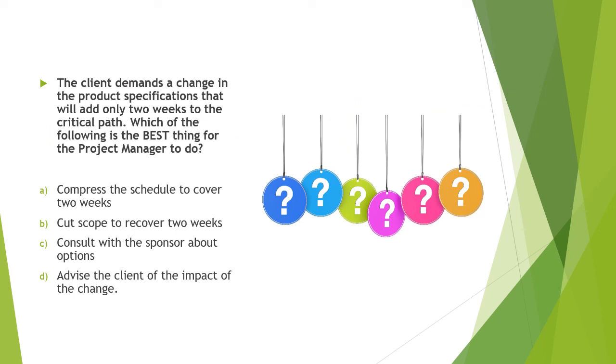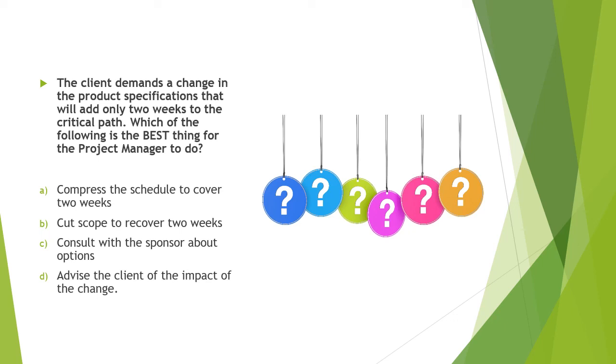So, time for a question. The client demands a change in the product specifications that will add only 2 weeks to the critical path. Which of the following is the best thing for the project manager to do?